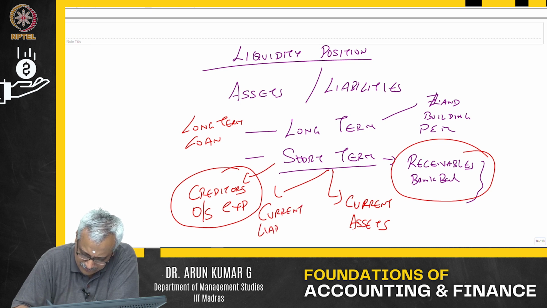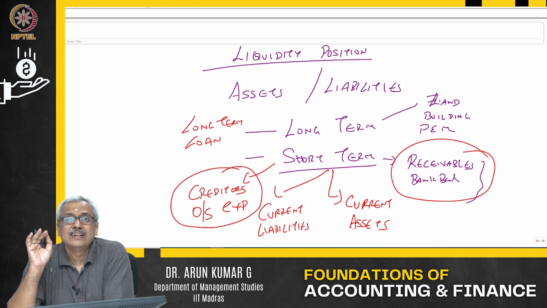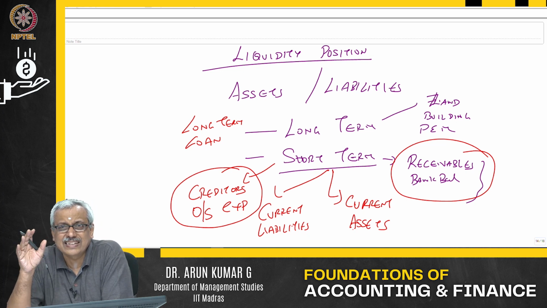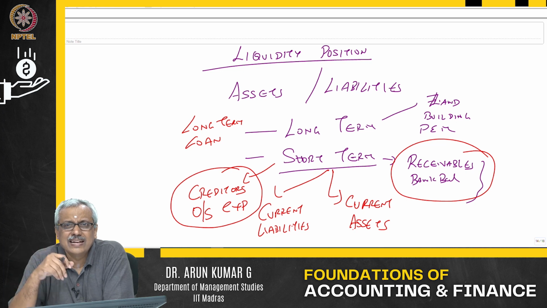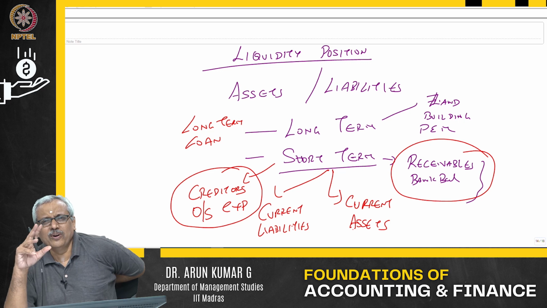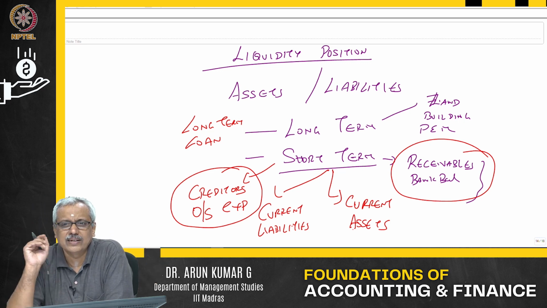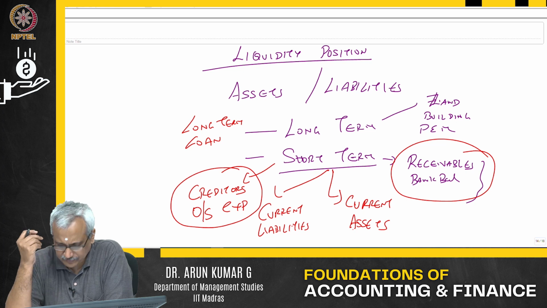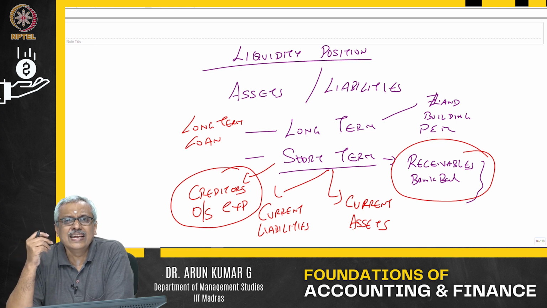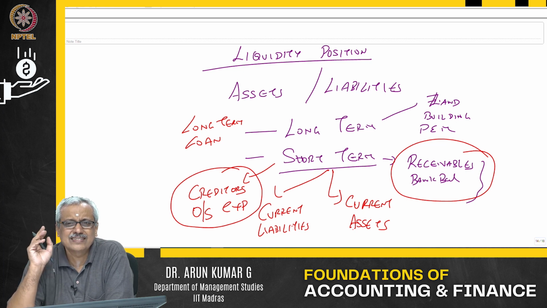Current means immediate. A current asset is one that changes every day. For a current liability, the textbook will tell you any liability which is due within a year is a current liability. Any asset which keeps changing its position within a year is called a current asset.